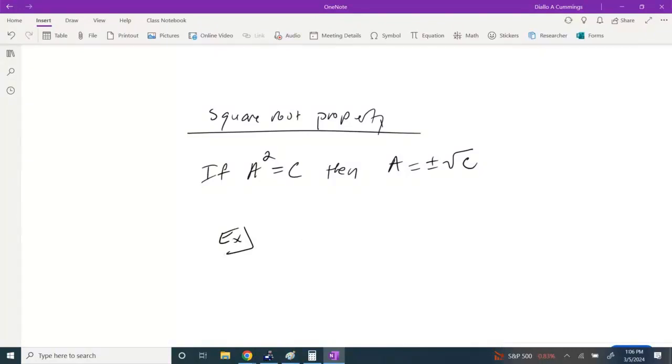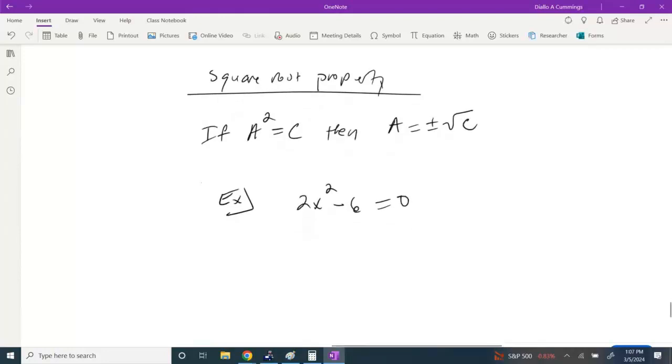So let's say we have 2x squared minus 6 is equal to 0, right? And we want to use the square root property.